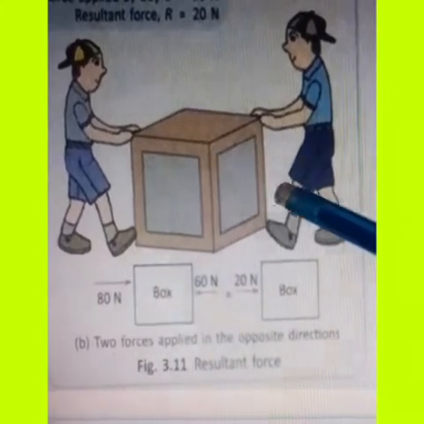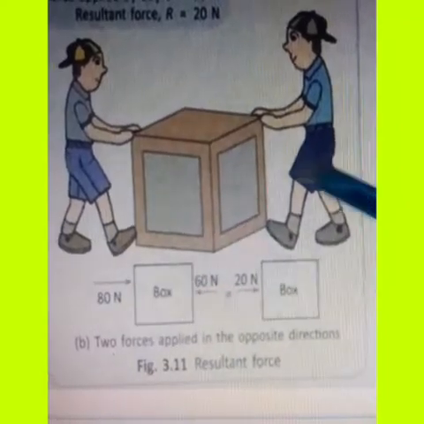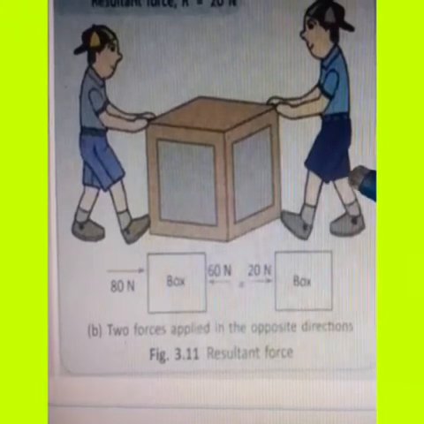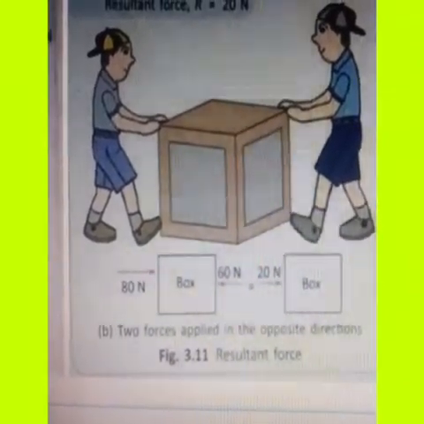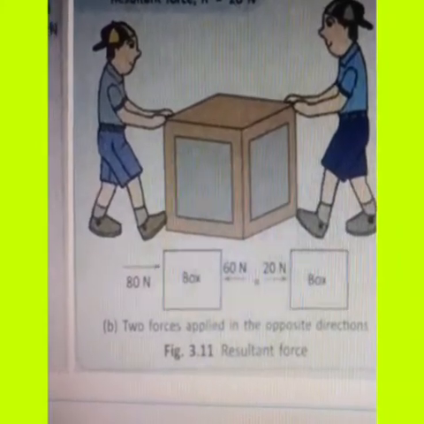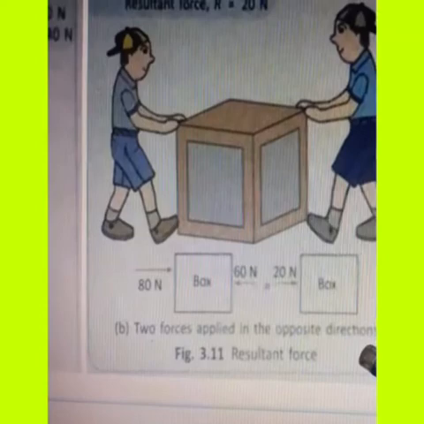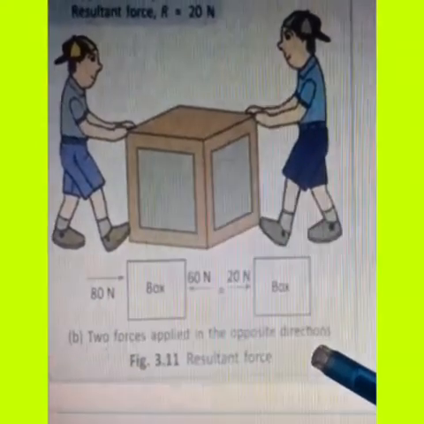As they are pushing the box in the opposite direction, the resultant force is subtracted. 80 newtons minus 60 newtons is equal to 20 newtons. Hence, the resultant force applied on the box is equal to 20 newtons, in the direction of boy A's push.